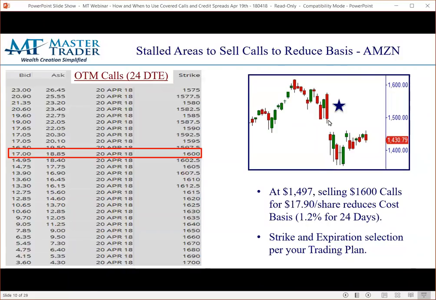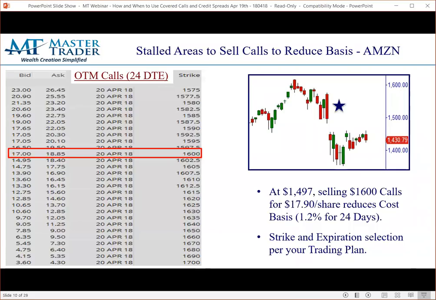So right into the close on this day, if we sell a $1,600 call that expires in 24 days, we put $17.90 a share in our pocket. So if you have 100 shares of Amazon, you sell one contract, $1,790 is immediately deposited into your account.